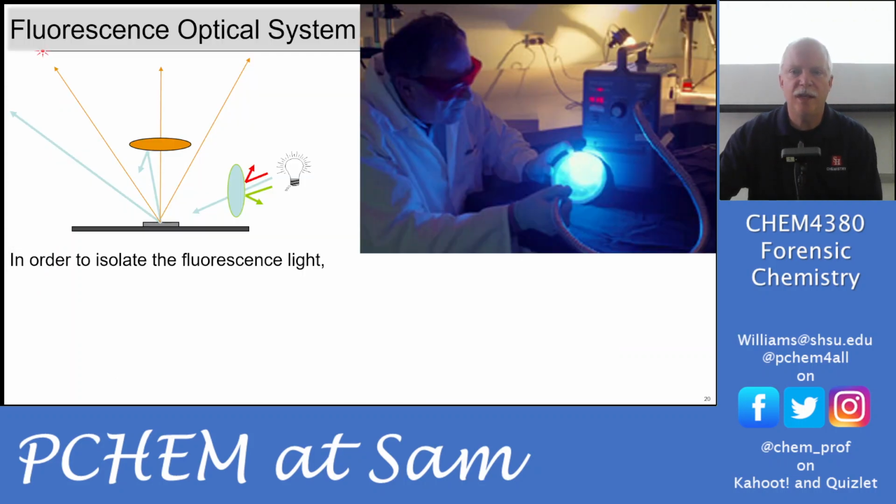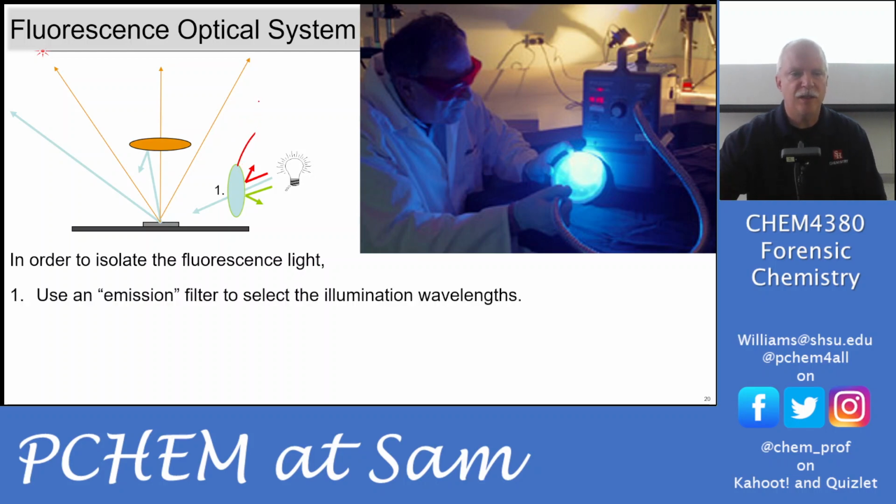Okay, so this is how we set up the system for the fluorescence optical detection. We have a source. We might have a bandpass or a short pass filter. So we use an emission filter to select the illumination wavelengths. We'll call that a short pass. And that lets the short wavelengths hit our sample, which is going to excite the sample.